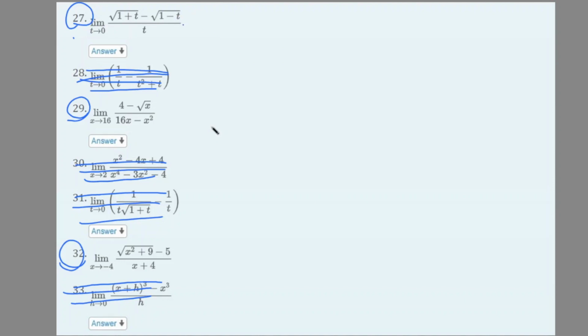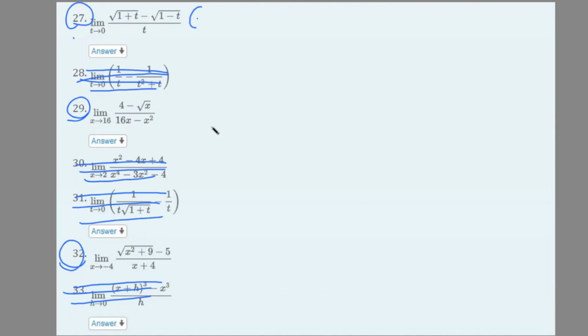Alright, so for 27, we can see it's a little bit tricky of a one here. In order to find the limit of something like this, in which it's 0 on the bottom and 0 on the top, we can multiply by its conjugate.